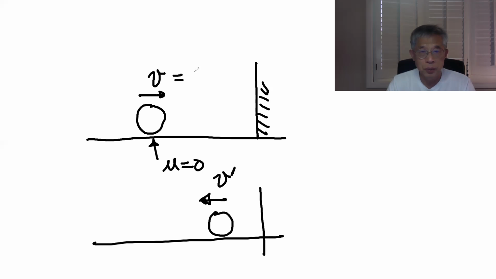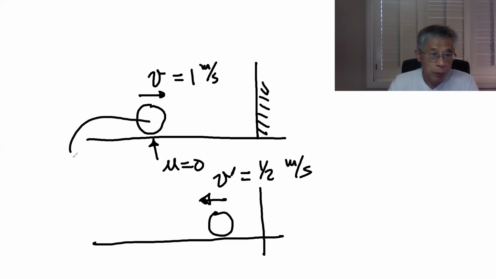Let's say v is equal to 1 meter per second. And when this comes back, let's just say that this one here is equal to 1/2 meter per second, going this way now. And we say m is equal to 1 kilogram.